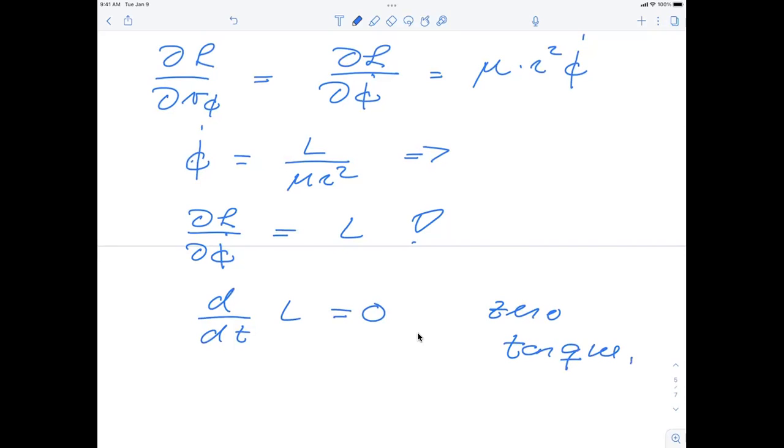So if the angular velocity is proportional with the angular momentum, then we can show immediately here that angular momentum is actually conserved. So we have 0 torque, because there's also no dependence on phi itself. So this is something which we know actually.